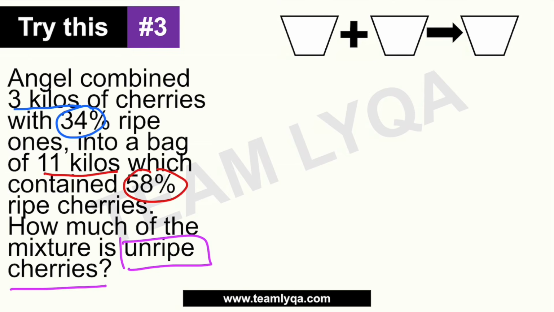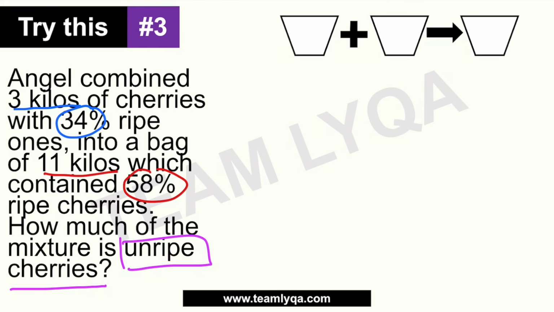Now, babalikan natin yung nawawala kanina. Okay? Now, bakit kanina ang nalagay nating X is this directly? Kasi, ang hinahanap niya ay kung ano man yung minention dito. 34% is ripe, 58% ay ripe. Pero this time, ang hinahanap yung unripe, which is yung difference between yung total at yung mga ripe cherries. Now, there are two ways na pwede nyo to isolve.